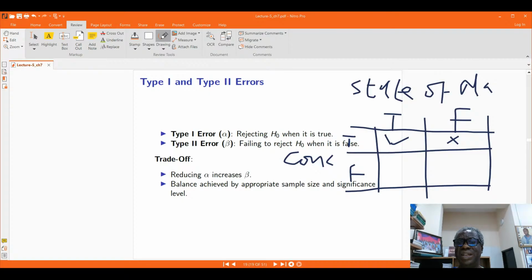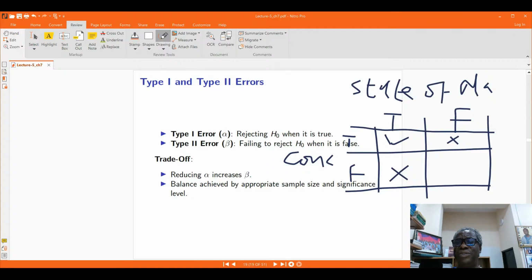Then, if your conclusion is false when the true state of nature is true, but you conclude that it is false, then again you have committed an error. That type of error is called type 2 error, which is a false negative.